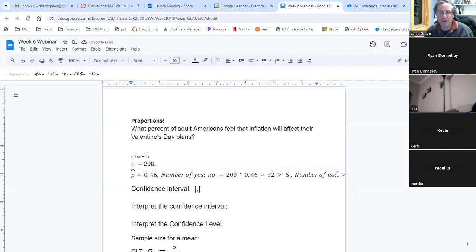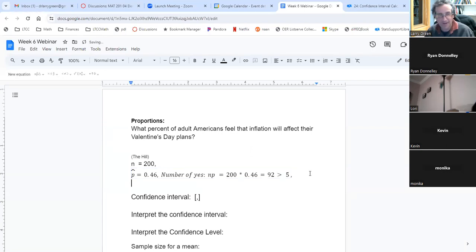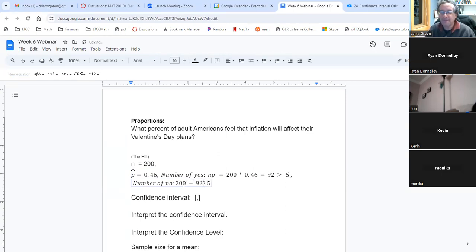And then the number of no answers. There's two choices. You could do nq or you could do 200 minus 92. So the number of no's will be 200 minus 92, which is 108.